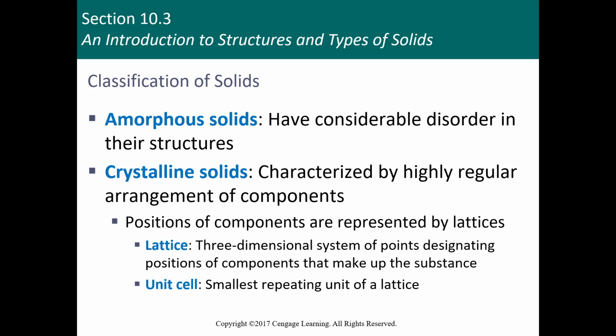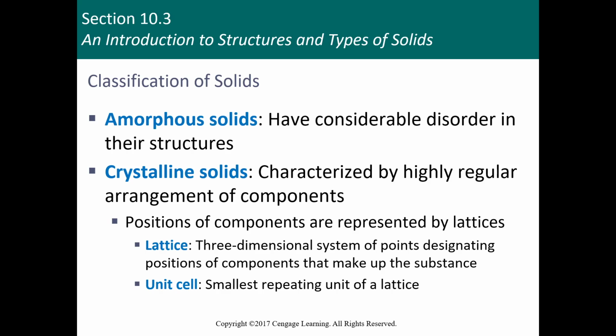Crystalline solids are characterized by highly regular arrangement of components. They are extremely ordered. As far as I am aware, they are the most ordered form of matter. The positions of components in a crystalline solid are represented by lattices. If you've ever heard of lacing or lace, that's the same thing.